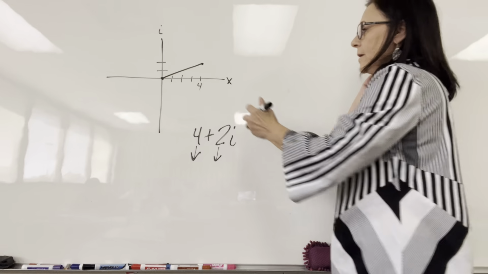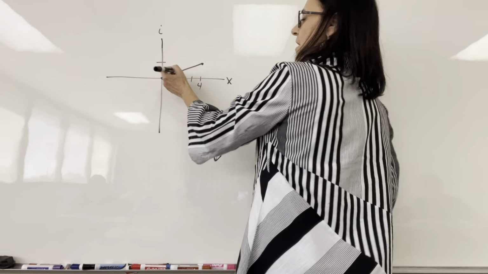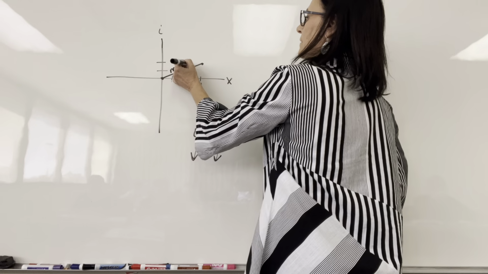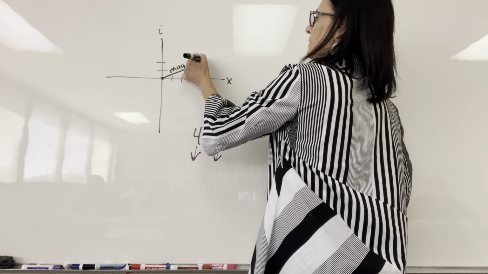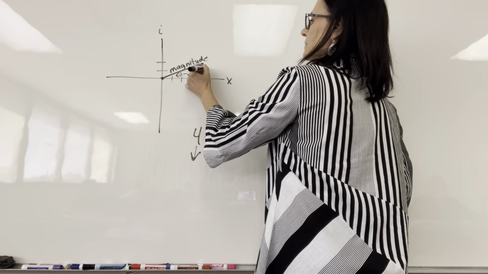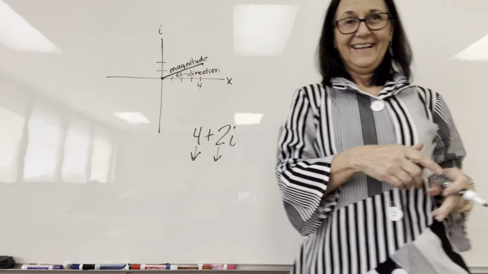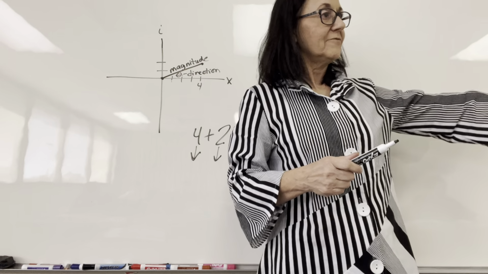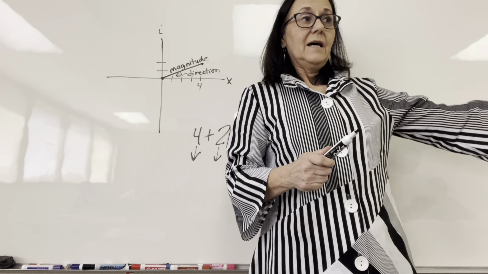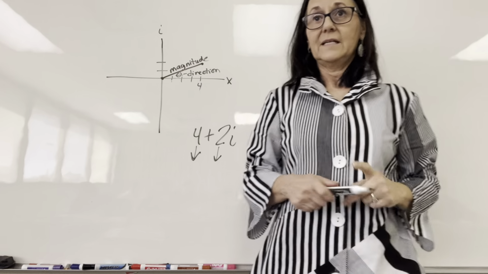When we had vectors, this length was the magnitude, and theta was our direction. We always rotate from the positive x-axis, counterclockwise is positive, clockwise is negative.